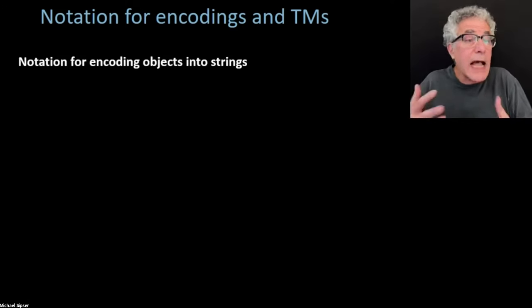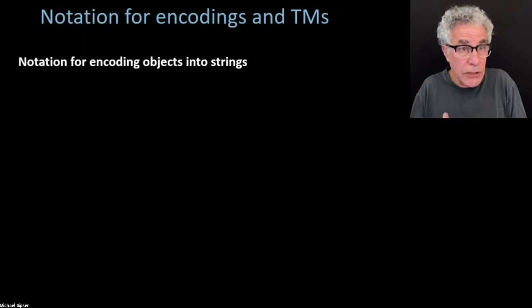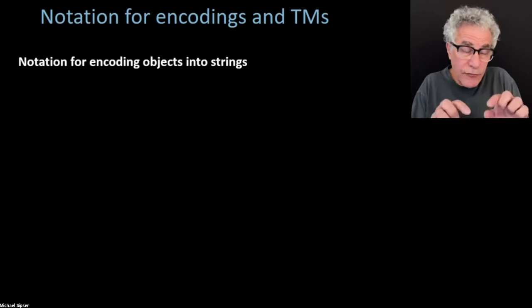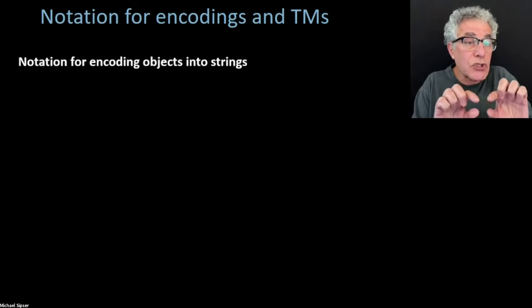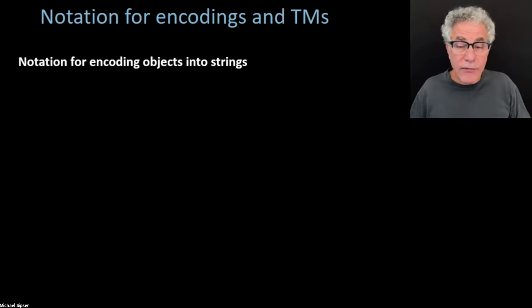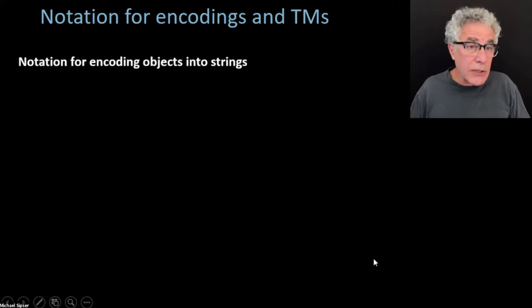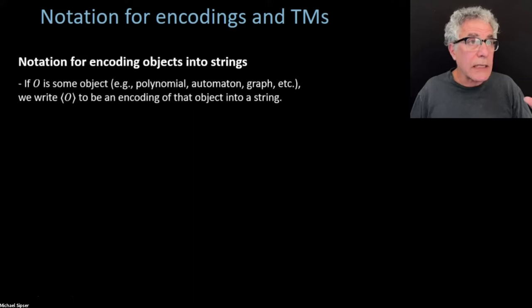We might want to feed automata into the Turing machines, so the Turing machine can answer questions about the automata. Well, don't forget, Turing machines take as their input just strings. So we have to think about how we're going to represent something more complicated like an automaton as a string. And I'm not going to get into the details of that. You could spell it out in detail, but I think that's not too interesting.